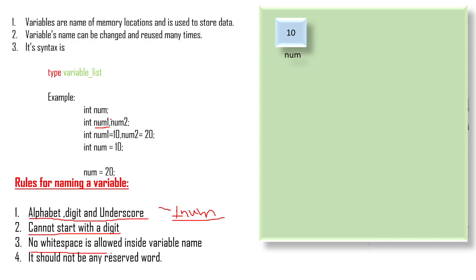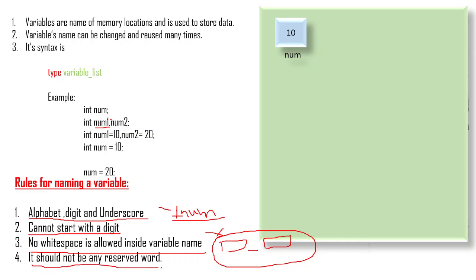There is no white space allowed inside a variable name. Suppose you want to say total sum, so totalsum should be together. It's not like we write total, then give a space, then write sum. This particular type of naming will be invalid. Okay, so there shouldn't be any white space, and it should not be any reserved word.